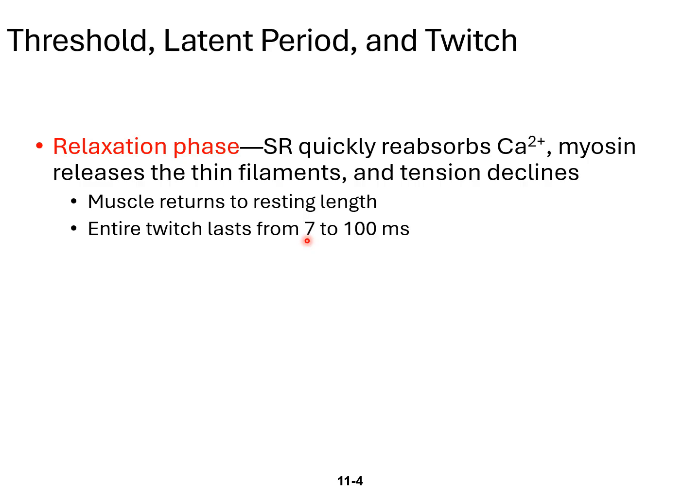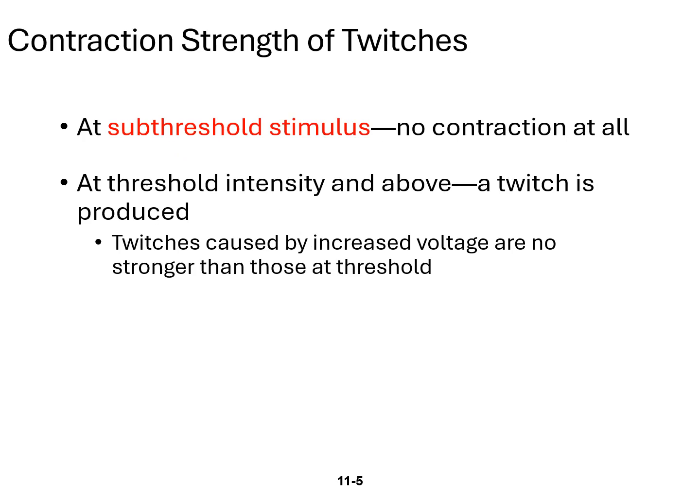The short ones are mostly for fine movements, and are close to 7 milliseconds. So what happens if something is subthreshold, or just below threshold? Nothing happens at all. At threshold intensity and above, that's when a twitch is going to be produced. And twitches caused by increased voltage are not stronger than those at threshold.